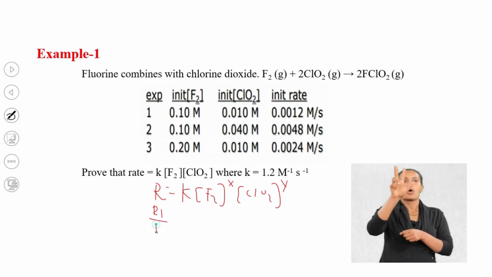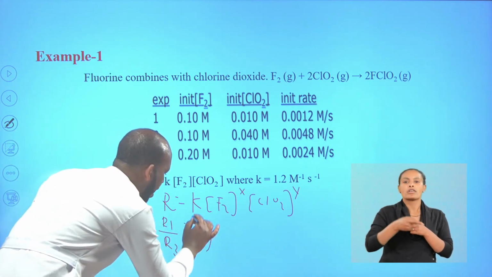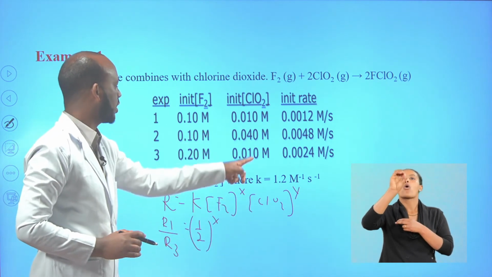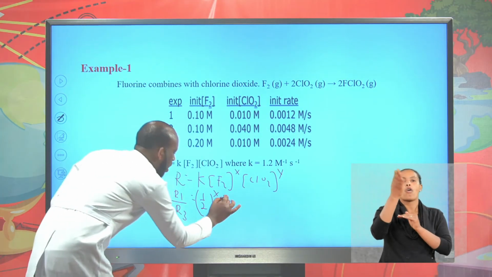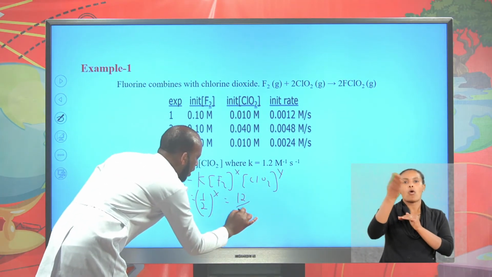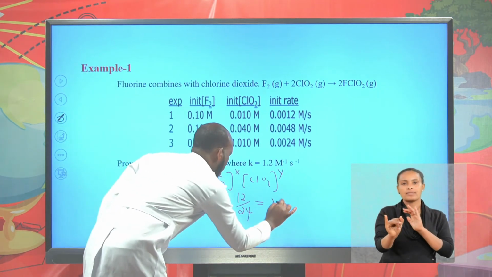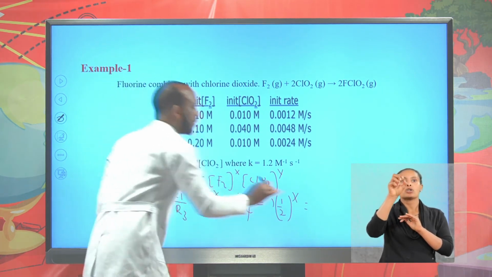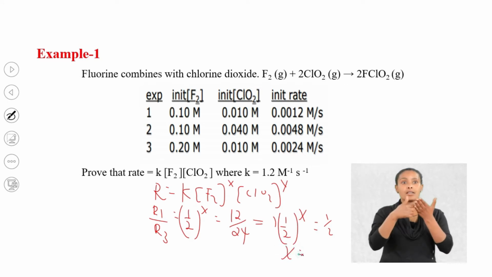R1 over R3 equals 1 over 2 raised to X. Concentration of ClO2 is constant, so this equals 12 over 24. This is the same as 1 over 2 raised to X equals 12 over 24, which is also 1 over 2. From this, X equals 1.